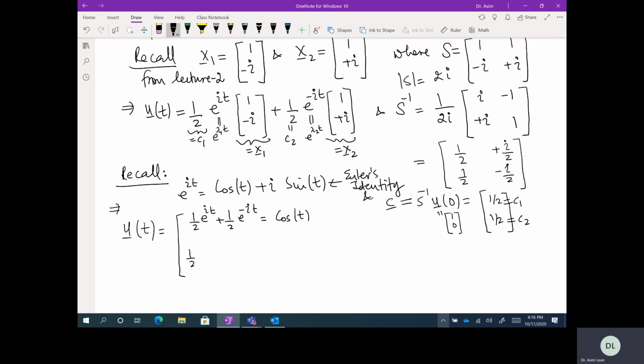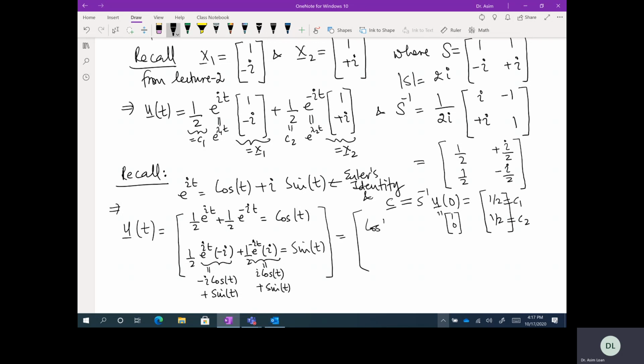And the second component is half E iota t into minus iota plus half E minus iota t into iota, which gives sine of t. So U of t is cosine of t and sine of t. Good.